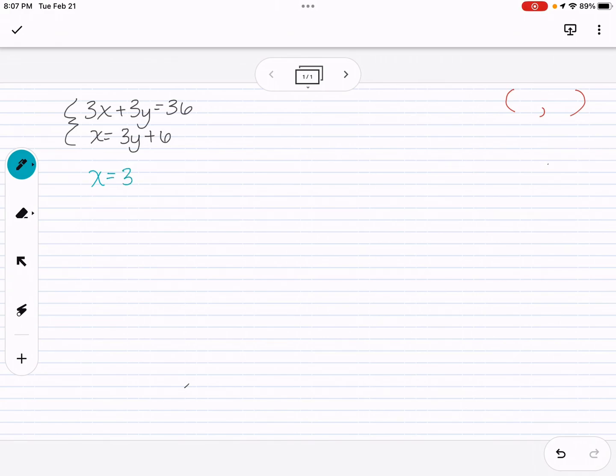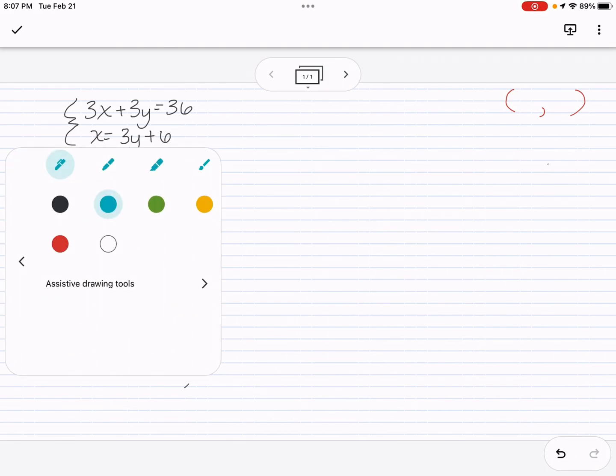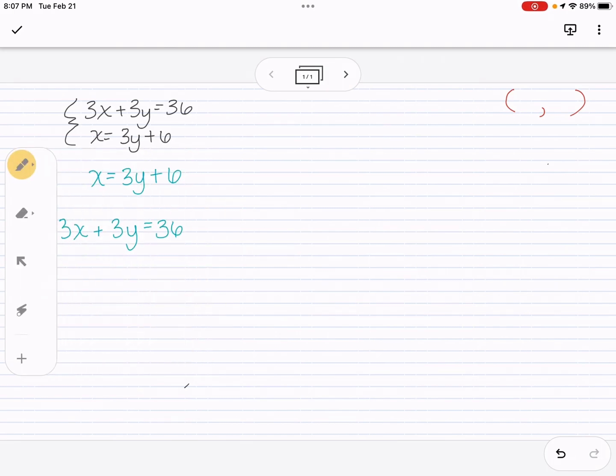Step 2 is that we're going to take this equation and plug it into the other equation. How do we do that? We are going to take, let me see if I can find the highlighter tool. Here we go.